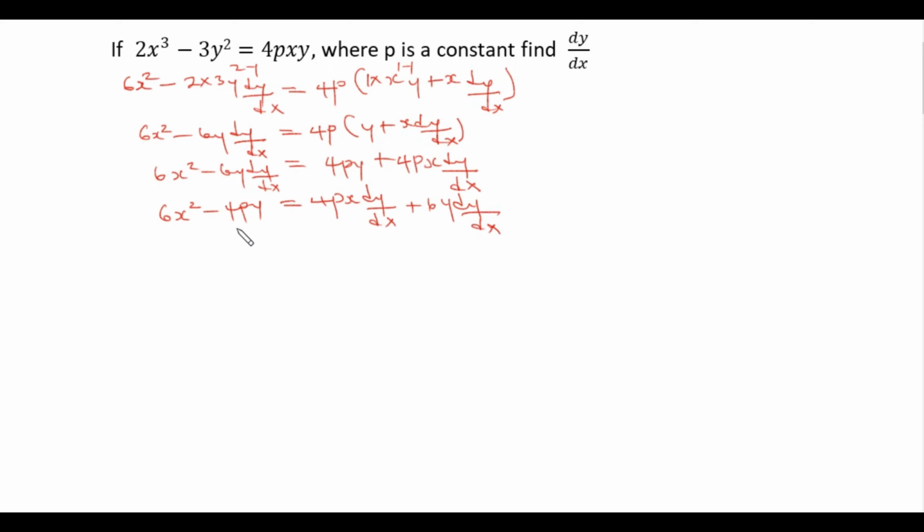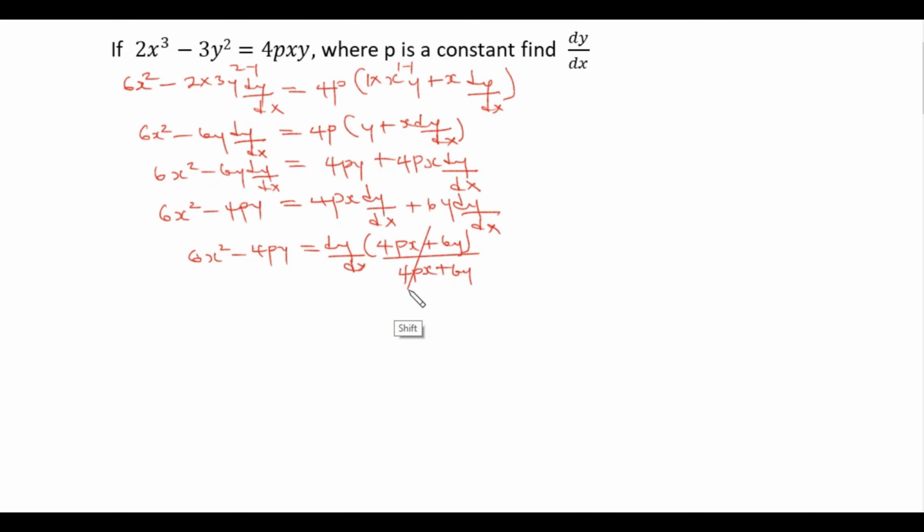And then here, write again 6x squared minus 4py is equal to, factorize dy/dx out. We are left with 4px plus 6y, and then we divide by 4px plus 6y for us to get dy/dx.